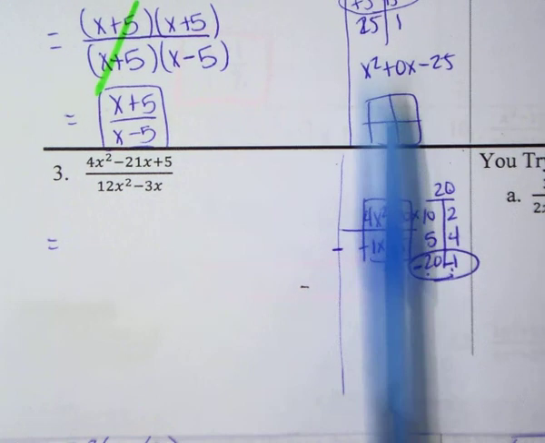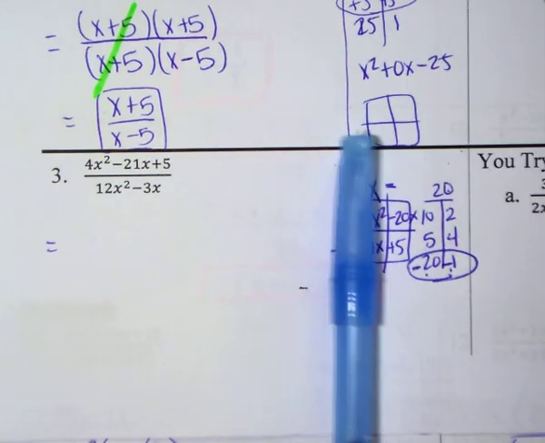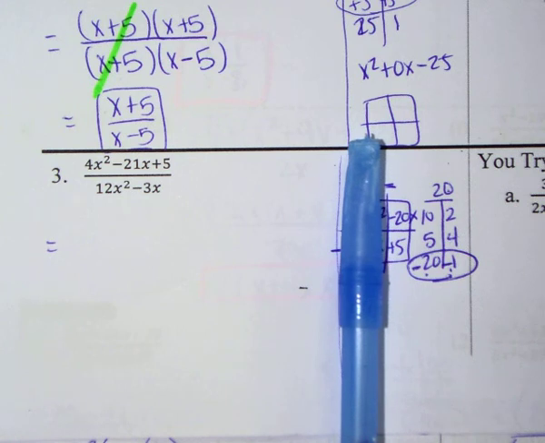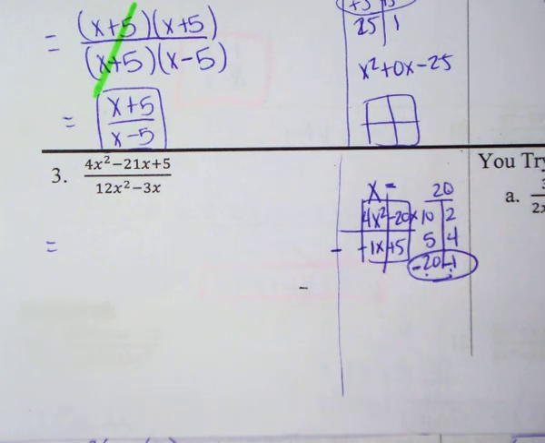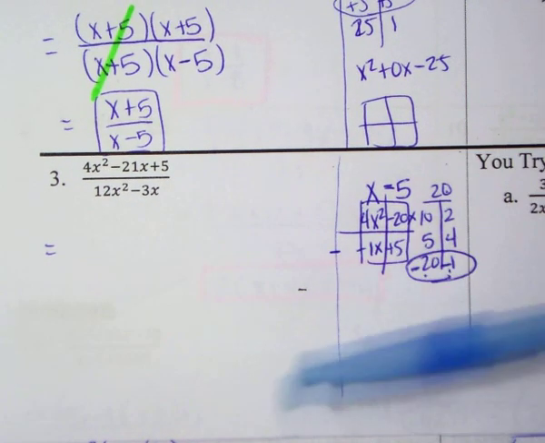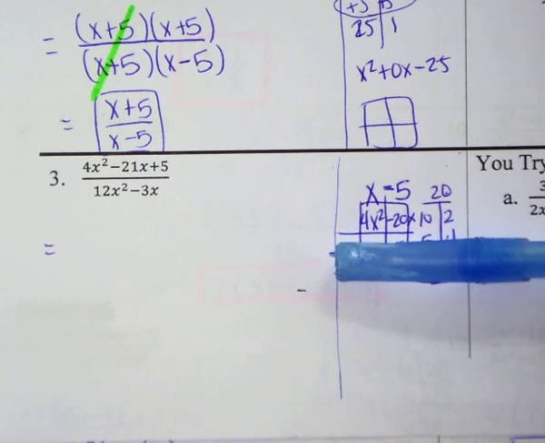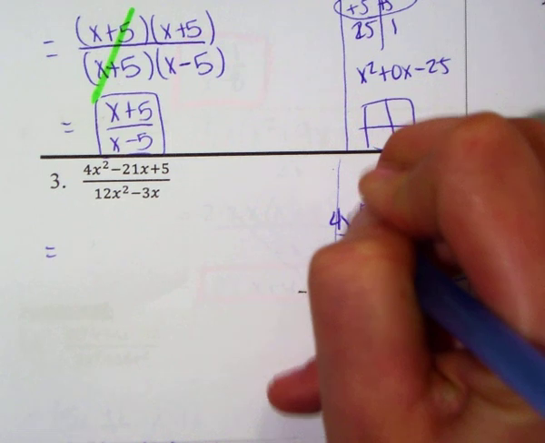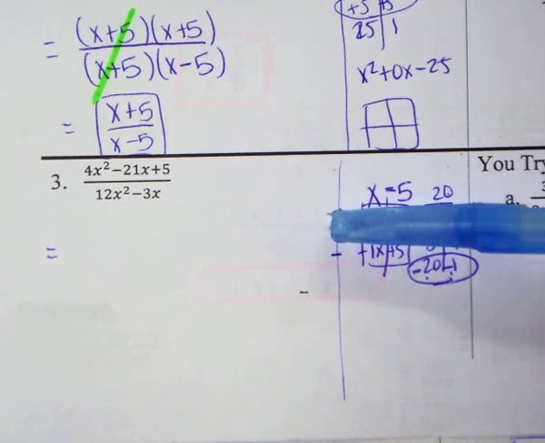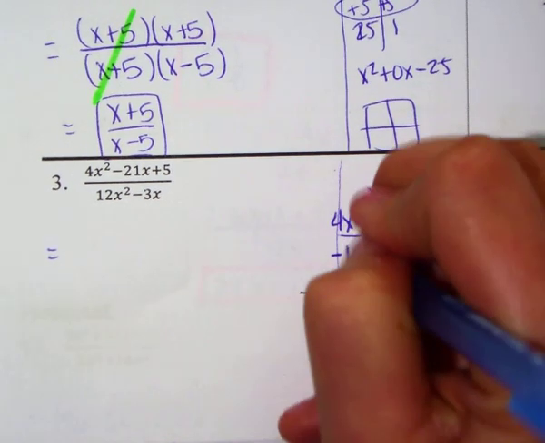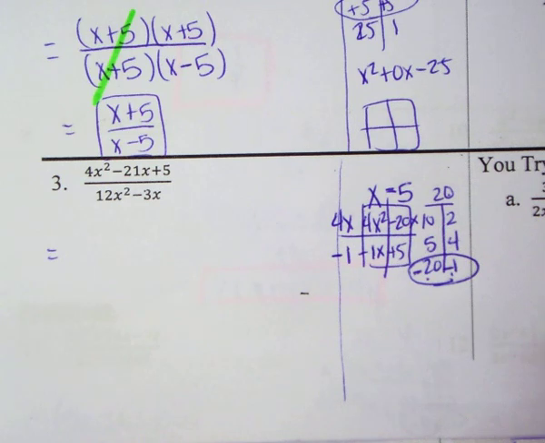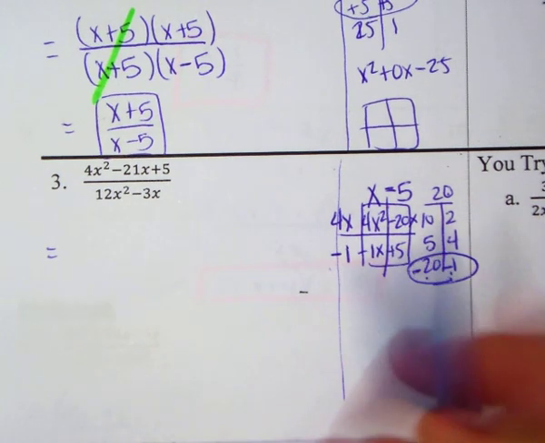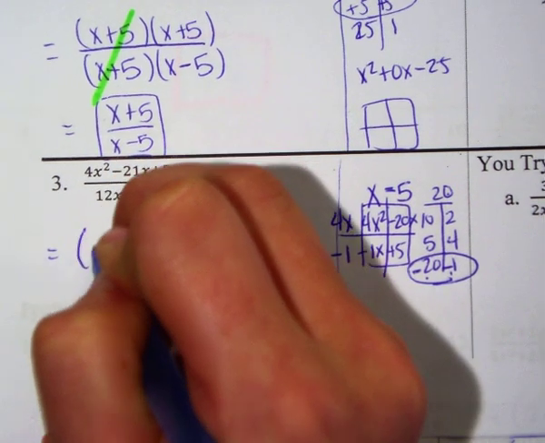Greatest common factor is just an x. Greatest common factor is, they're both 5 times something. Greatest common factor is 4 times 1, 4 times 5, so 4x. Greatest common factor is 1. So the numerator factors into the quantity x minus 5, quantity 4x minus 1.